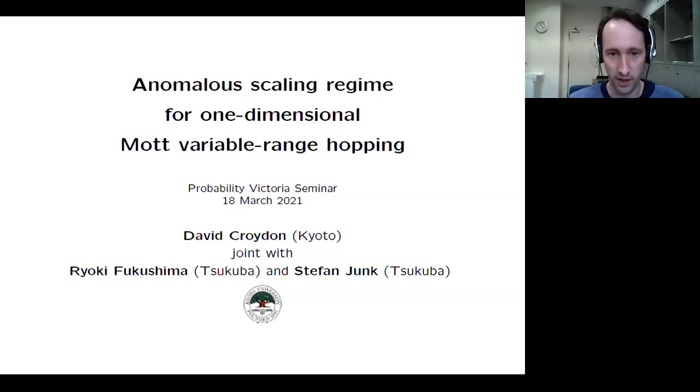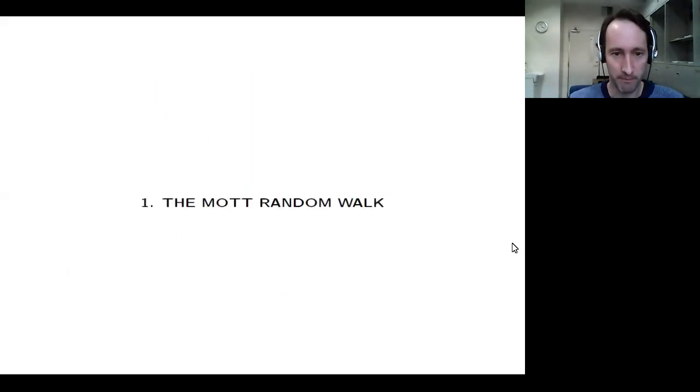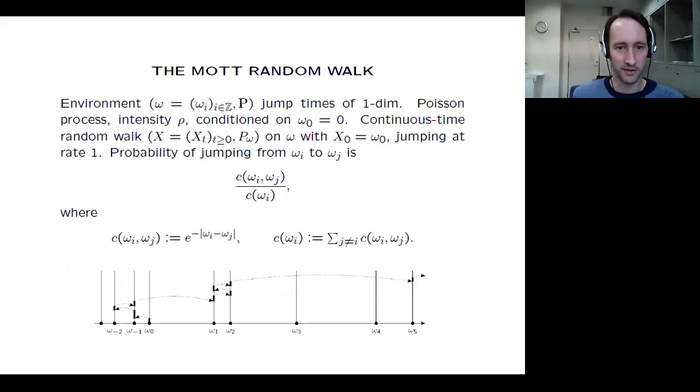Let's start with the model. Here's the basic model. It's quite a simple setup. The underlying state space is going to be just the points of a Poisson process. Our random environment is going to be made of the atoms of a one-dimensional Poisson process, shown here along the line.